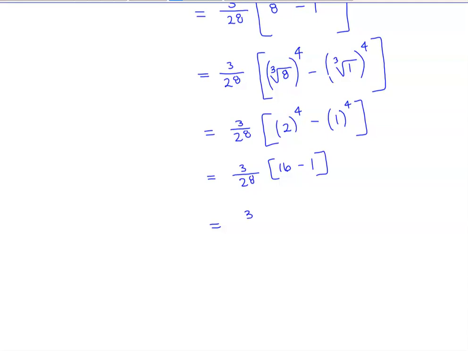So we get 3 over 28 times 15, and therefore our answer is going to be 3 times 15, which is 45, over 28. And there is our result.